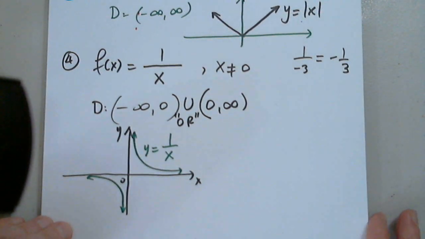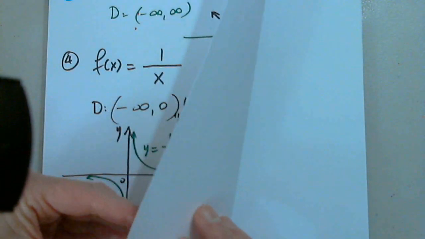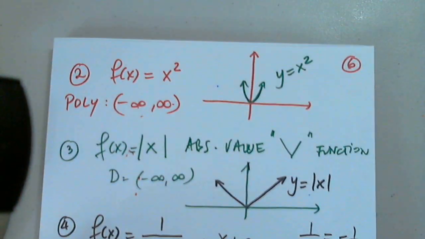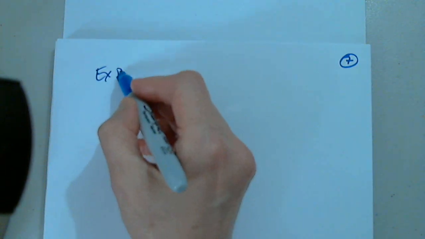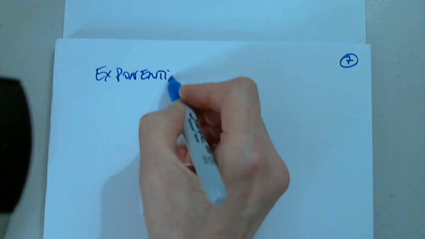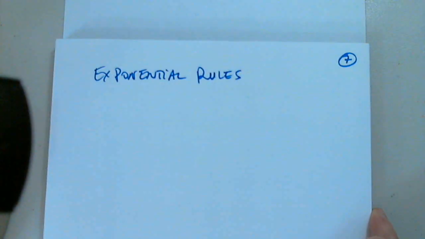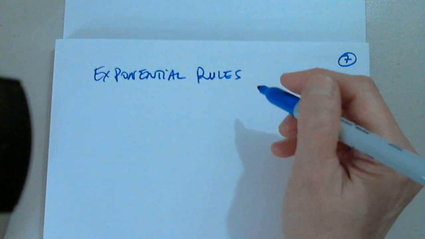So allow me to refresh your memory on exponential rules, especially the correspondence between, so this is my page 7, exponential rules, and then we'll pick the problems you like. And also radicals.